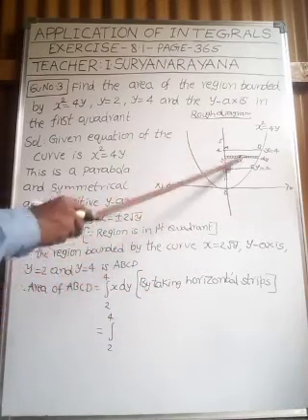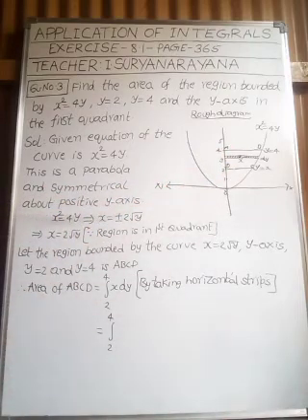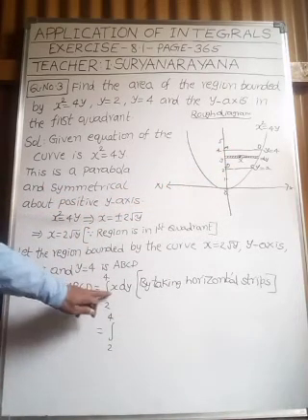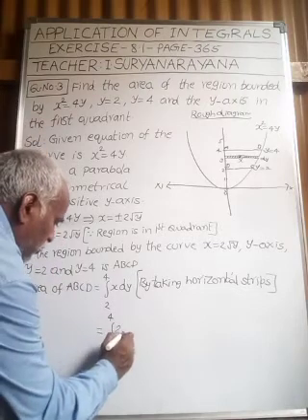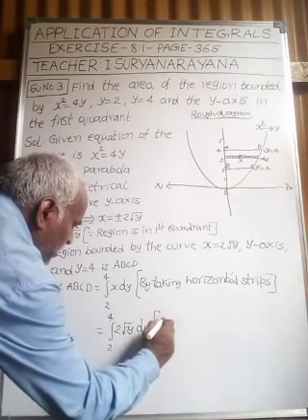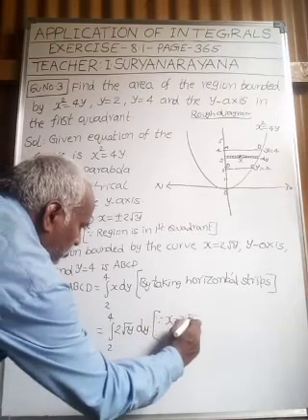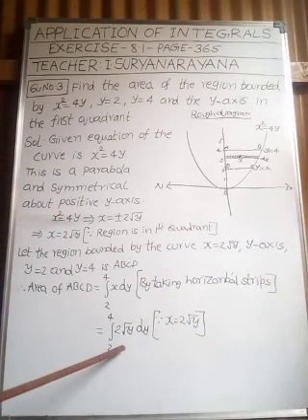Integral means the sum, we are adding up all the areas. Understood, my children? What is the value of x here? 2 root y. So integral 2 to 4 of 2 root y dy, because x is equal to 2 root y.